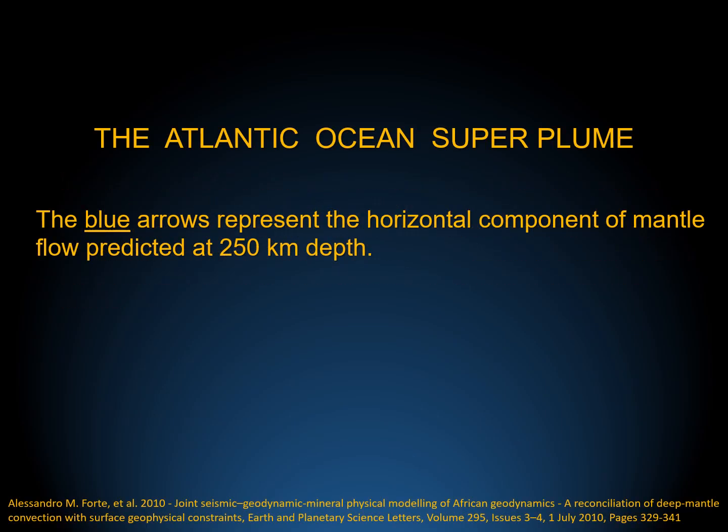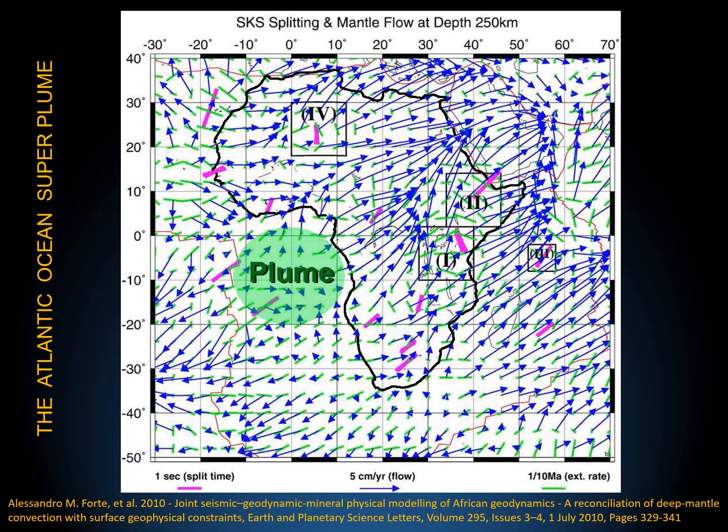In this presentation of the Atlantic-African superplume, the blue arrows represent the horizontal component of mantle flow predicted at a depth of 250 kilometers. One can see from SKS splitting that most of the mantle flow is divergent from the proposed plume head.